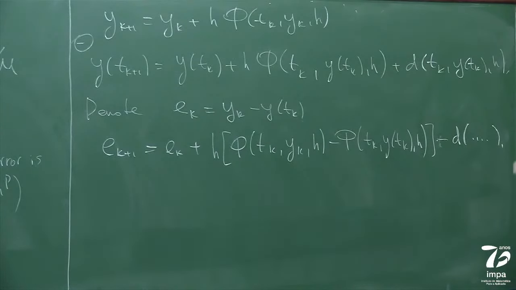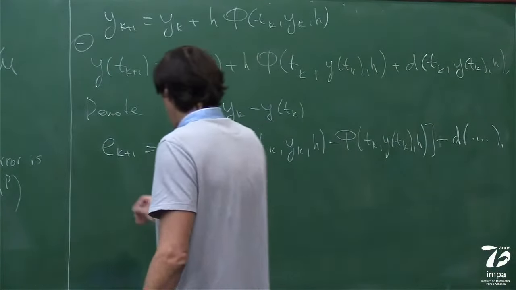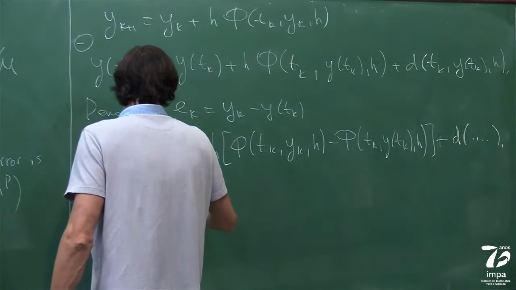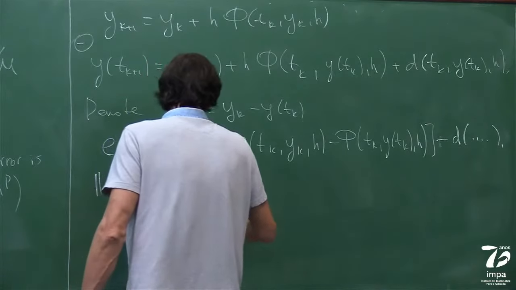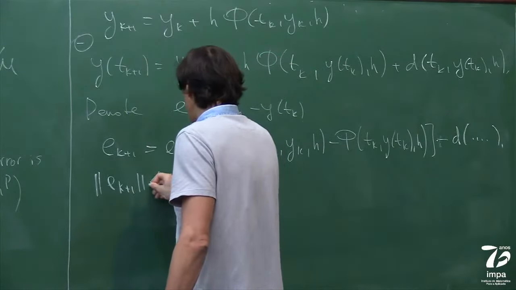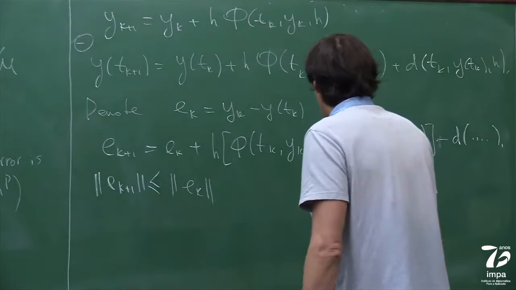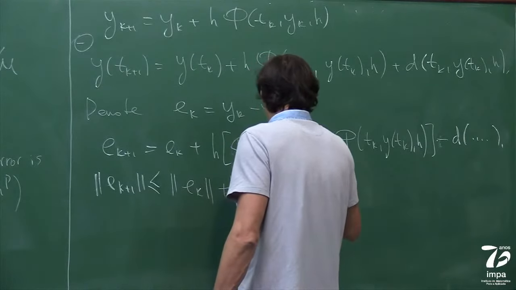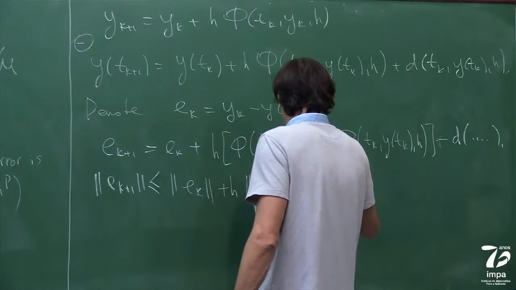And now take a norm and use the triangle inequality. So it's smaller or equal, plus h, then the norm of the difference.